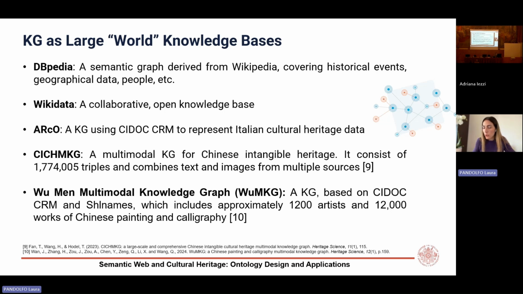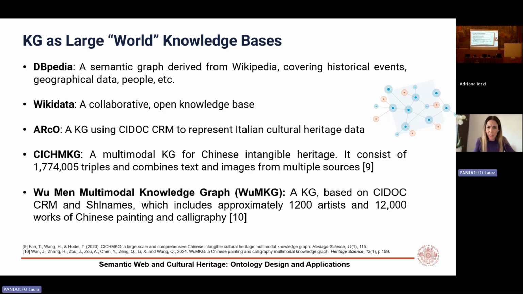We already explored, during the past presentation, DBpedia and Wikidata, which are widely used also in the context of cultural heritage. Another important knowledge graph in the domain is ArCo, which is built on CIDOC CRM, and it's specifically designed to represent Italian cultural heritage data.